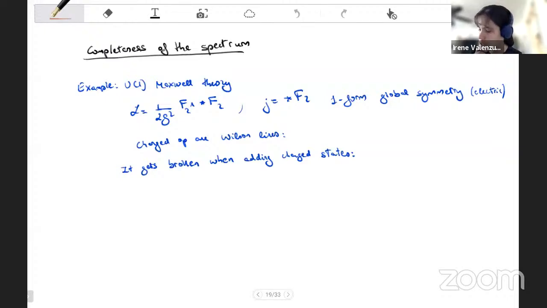Okay, so completeness of the charge spectrum, I didn't write it here, but basically it's self-explanatory in the sense that it requires that there are states with all possible charges that are consistent with Dirac quantization and so on.